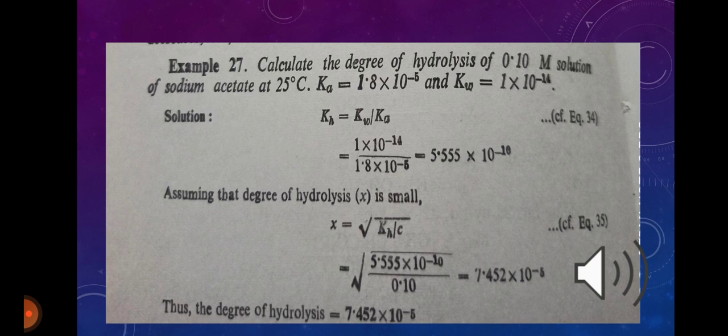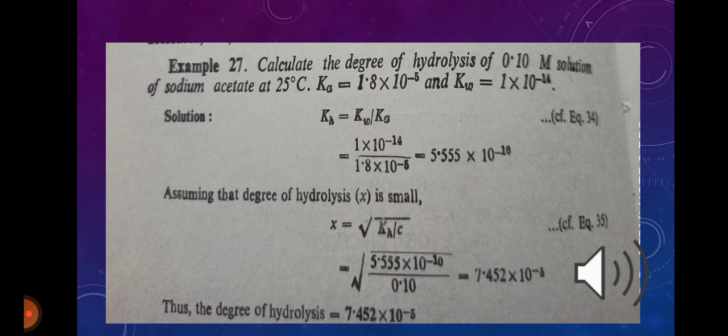Now assuming that the degree of hydrolysis X is small, X is equal to the root of Kh divided by C. So X is equal to the root of 5.555 into 10 to the power minus 10 divided by 0.10. This 0.10 is the given concentration, 0.10 molar.